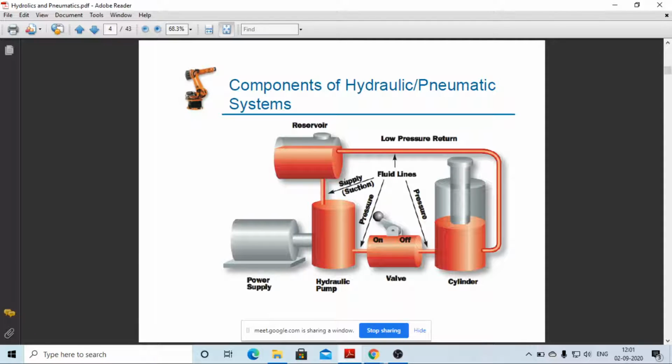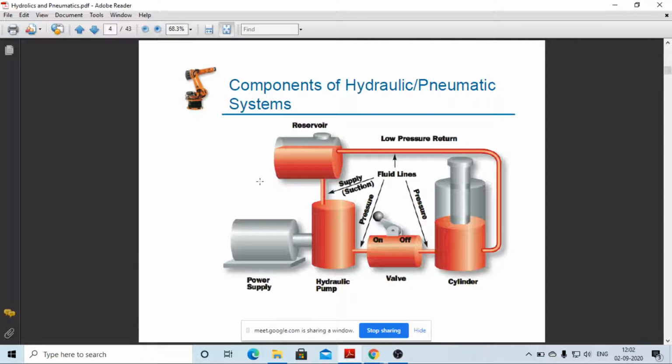Since this fluid is very confined, and it is an incompressible fluid, and the purity of the fluid is very high, generally there is no need of any type of filters in the hydraulic system. However, if you go for pneumatic systems, at the inlet of the pneumatic system there is a requirement of an air filter.